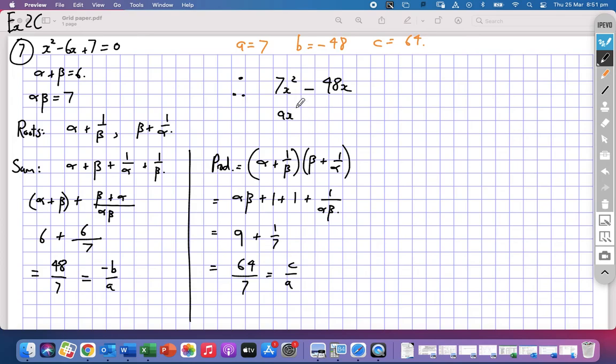So we're just using this idea the quadratic can be written like this. Okay, we're talking about sum and product of roots, hence this is going to be equal to 0. The C term is a plus 64, and don't forget the equals to 0. Okay.